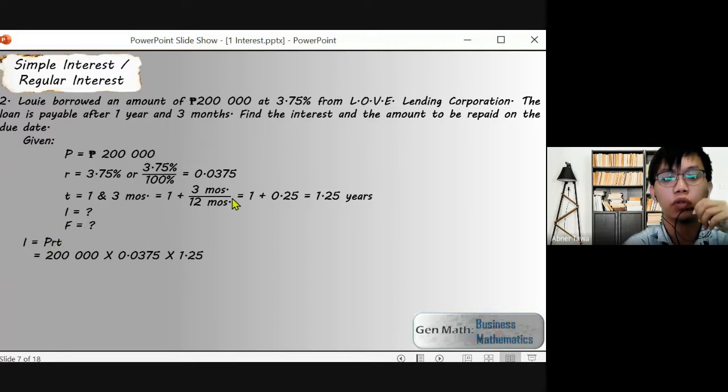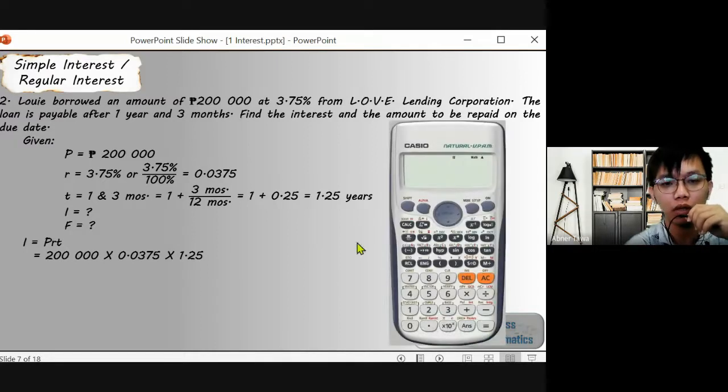Then we're just going to substitute. Ano ang value ni P? That is 200,000 times, ano yung value ng rate of interest? That is 0.0375 times 1.25. And then you can just solve this manually pag wala kayong calculating device. But pag meron, para mas mabilis, you can just use a calculating device or scientific calculator.